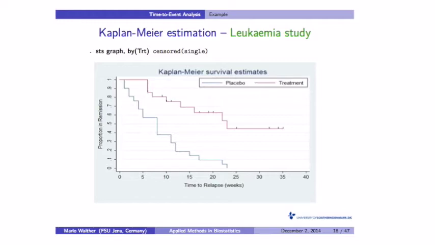The length of the steps depends on the number of patients at risk at this time point and how many events occurred. You need information on both to know how long the step size is.